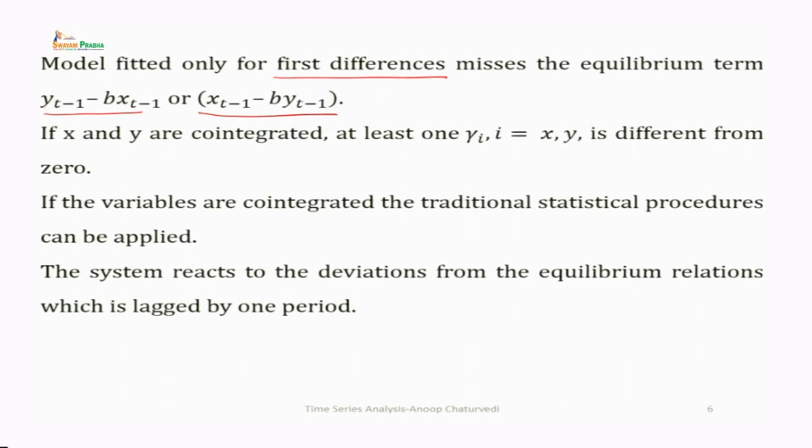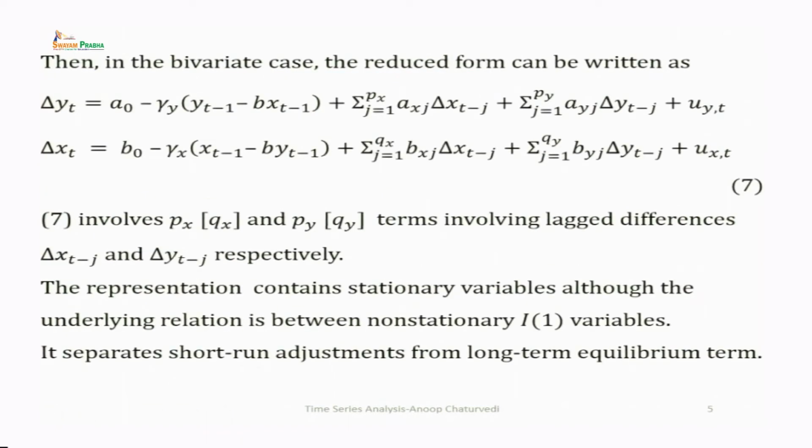Then the system reacts to the deviations from the equilibrium relations, which is lagged by one period. So, you have the equilibrium relation, and then you have deviations from the equilibrium relations, and those deviations are through these terms.